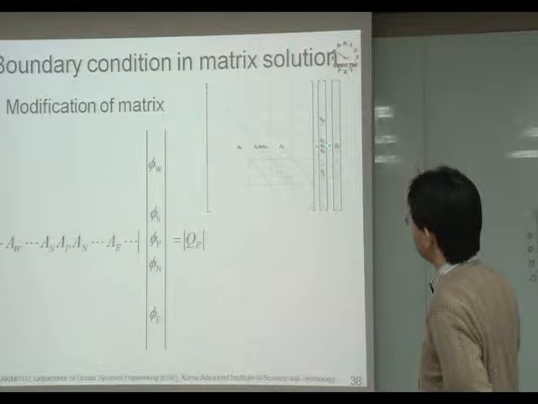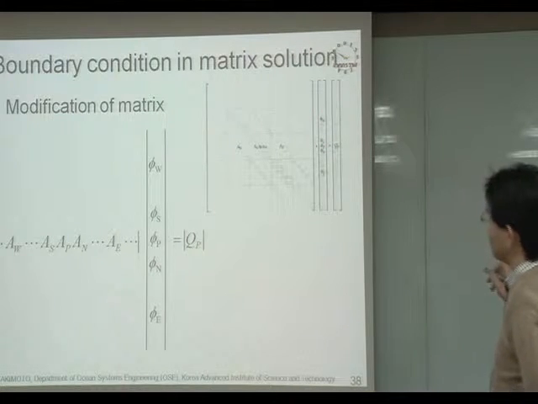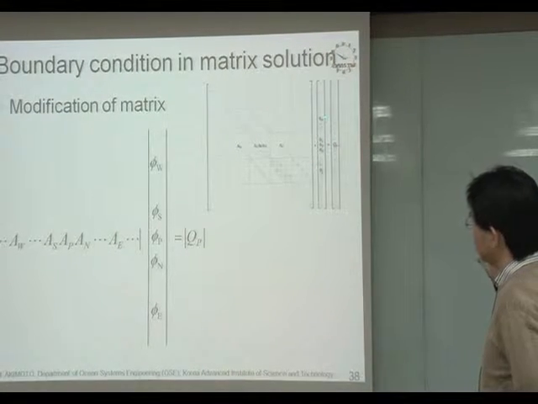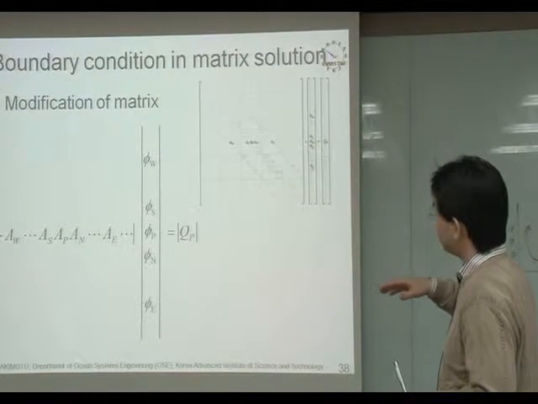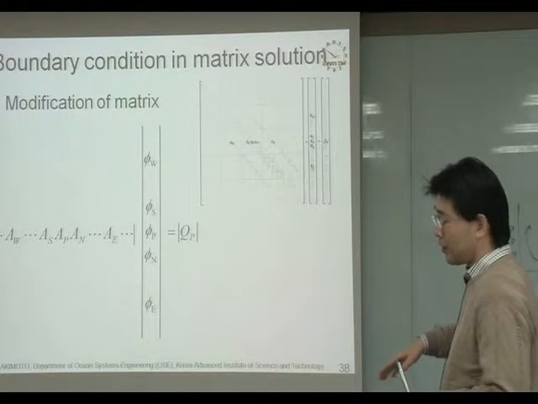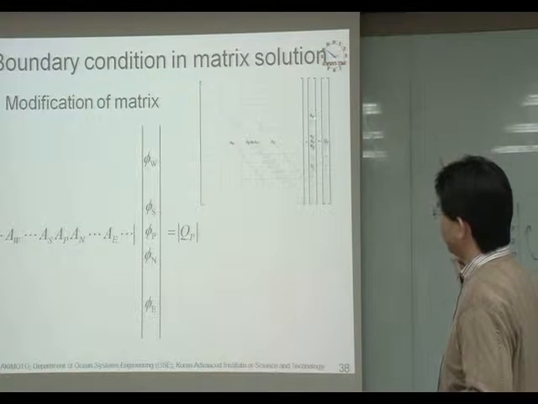Phi p contains the influences of other computational points. One is next to the phi p point. One is in the south direction, the other is north, and the others are west and east.